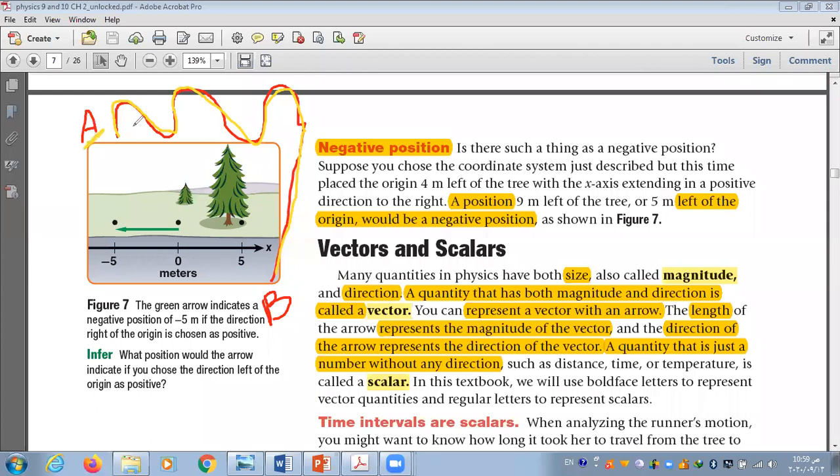If the distance was 10 kilometers, this is the distance he moved from A to B. To move from A to B, he moved across 10 kilometers. But when we are talking about position from A to B, we have to use a straight line.